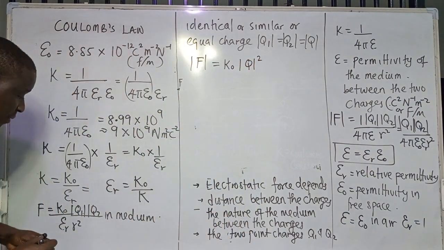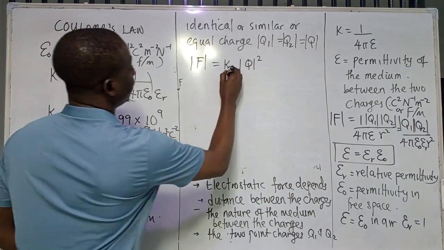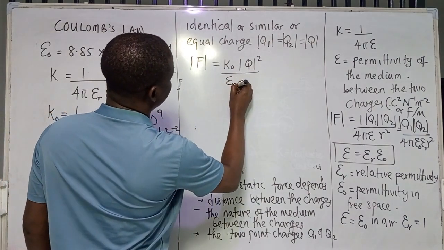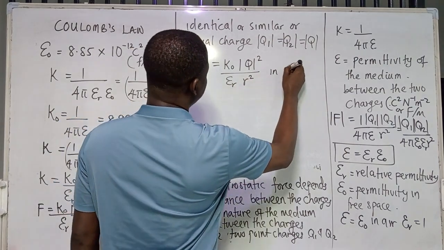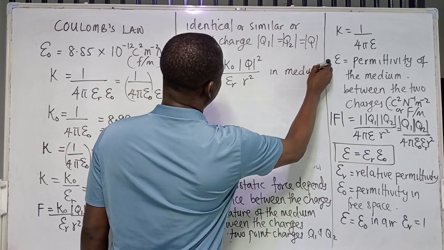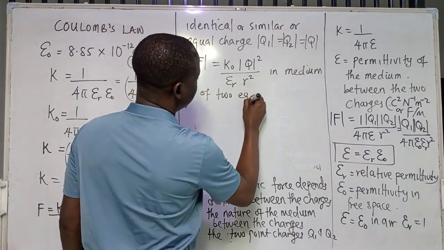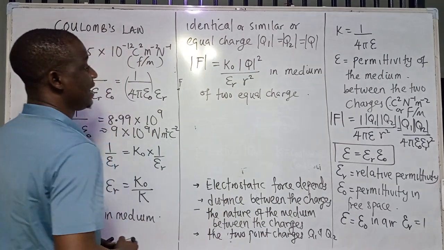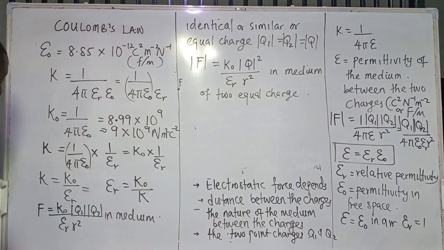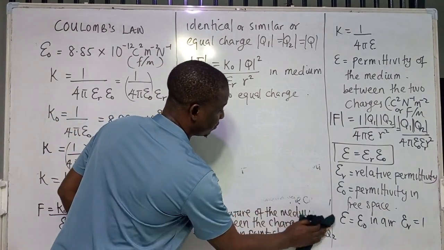Why is it Q square? Put Q here, put Q here. Q times Q equals Q square. All divided by epsilon r times r square. So this is also in a medium, a medium of two equal charges. But what about in air?